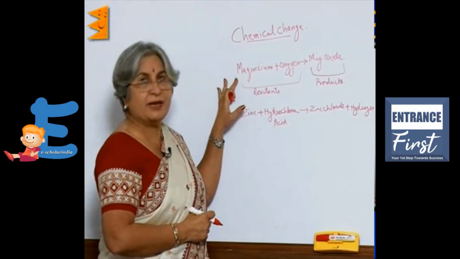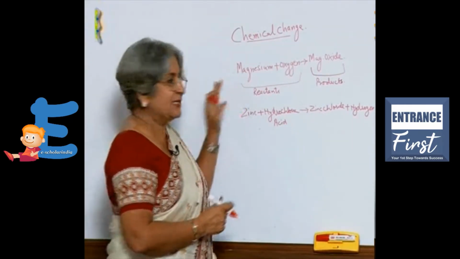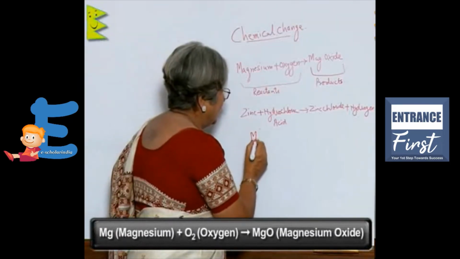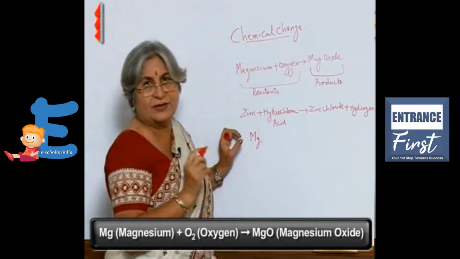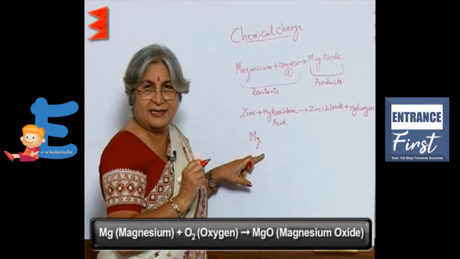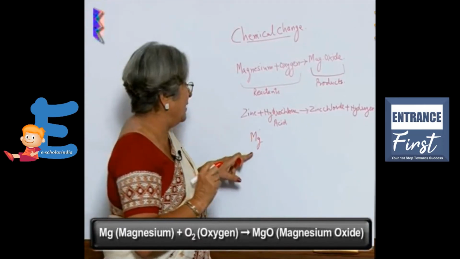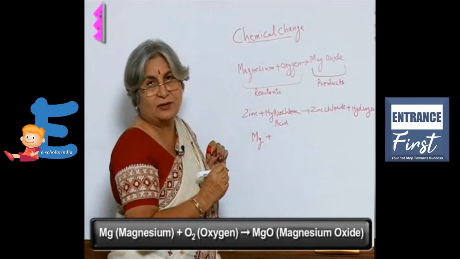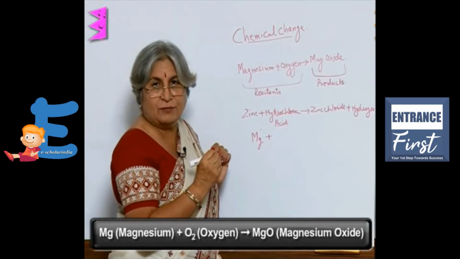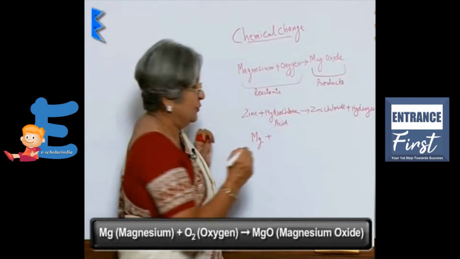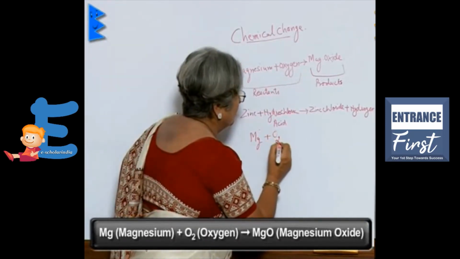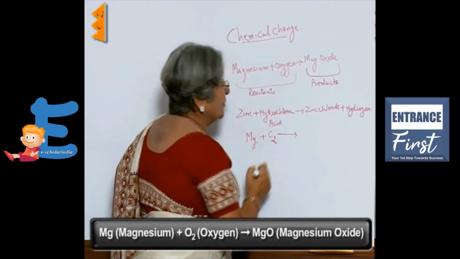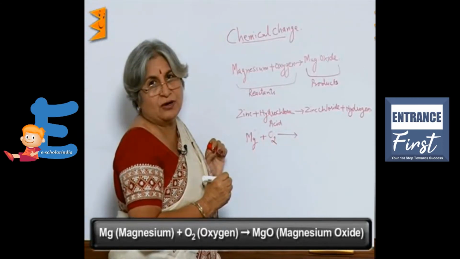Now, in the case of magnesium, the symbol is Mg. Capital M, as the first letter is always capital and the second letter is small. So, Mg plus the symbol of oxygen is O, and in the molecular formula it is written as O2. So, O2 leads to the formation of magnesium oxide.